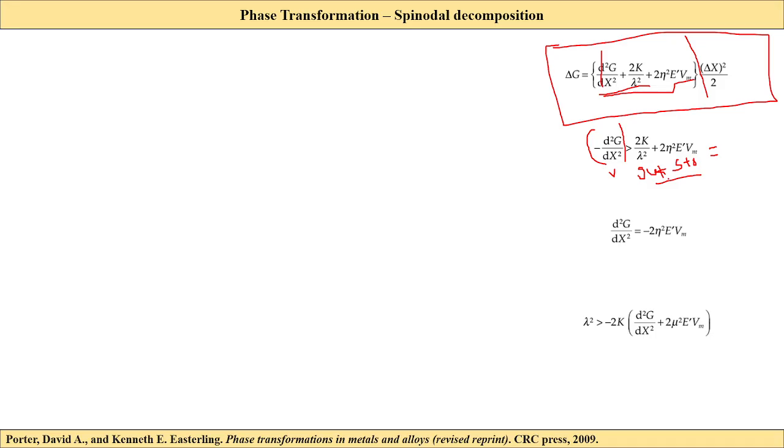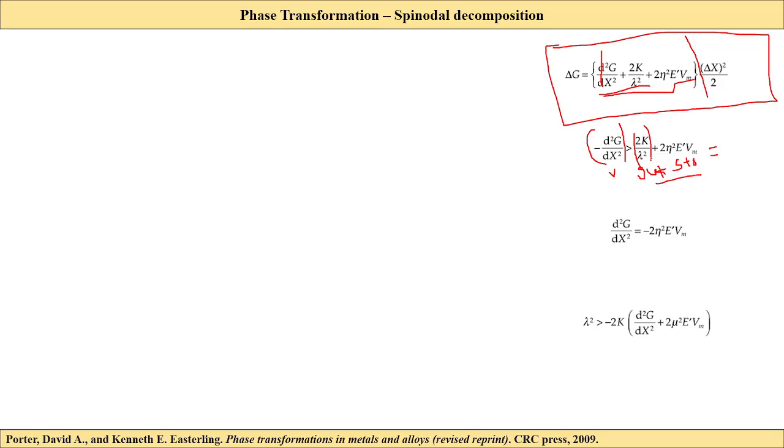Right. Now, moving on to the next part: the double derivative. What happens if my surface energy term is 0? For lambda equal to infinity, where we have a very large wave forming, that means the thickness of alpha 1 and alpha 2 is very large.